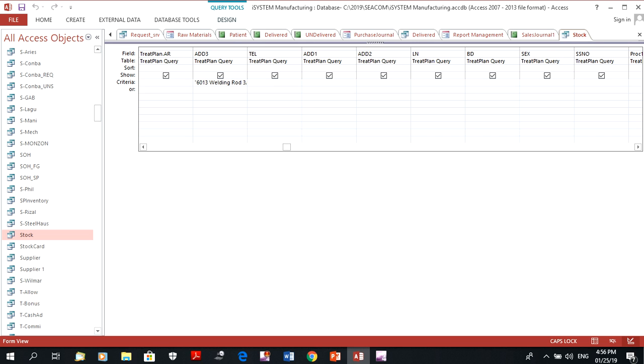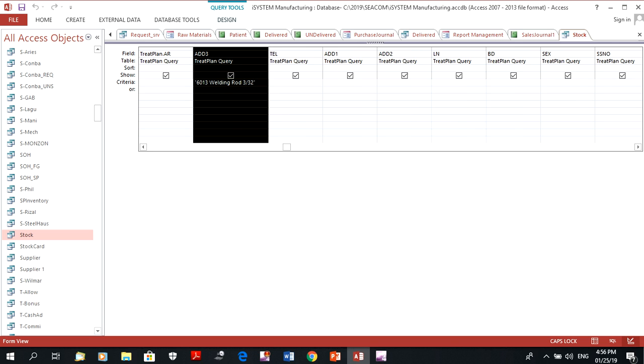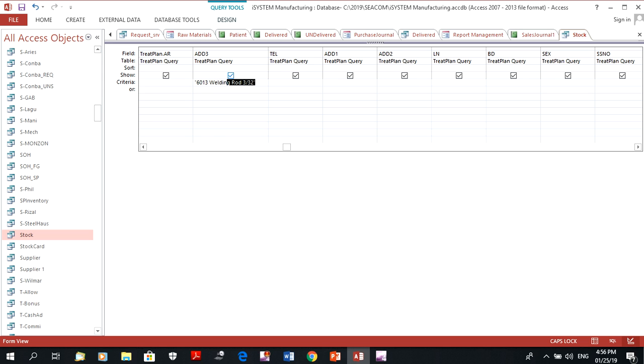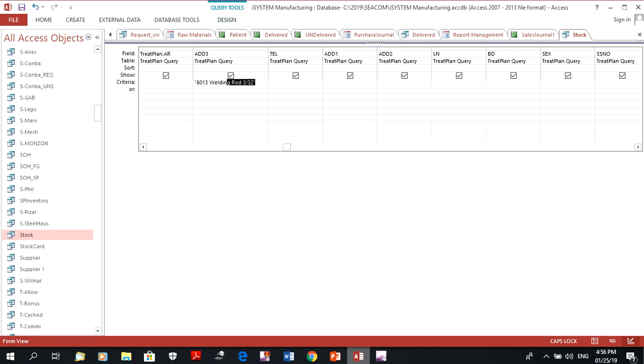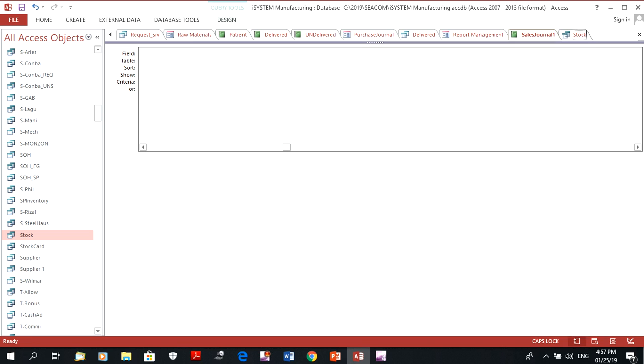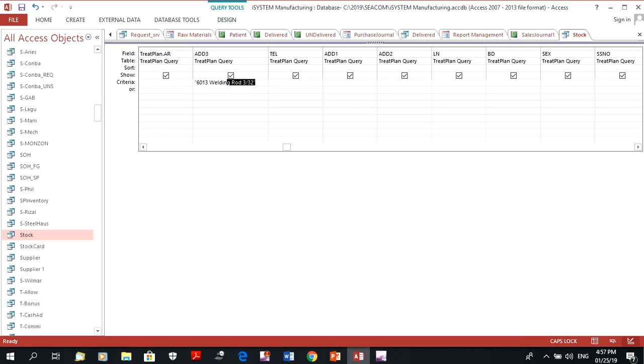By this selection process. You see? That's how the system knows. That's how the system knows that you want to print the stock card.